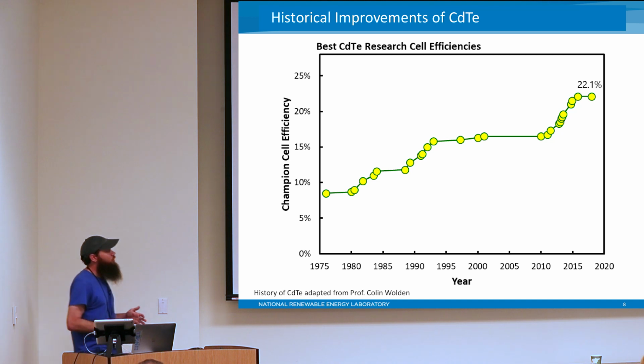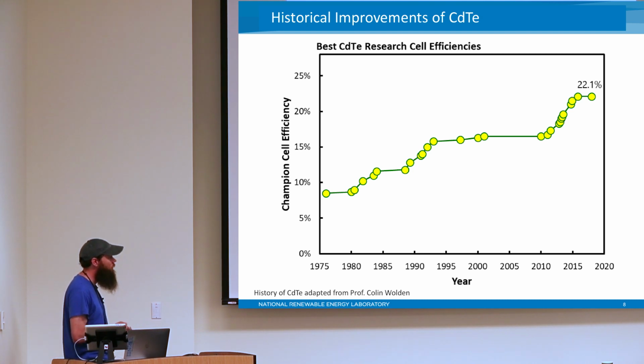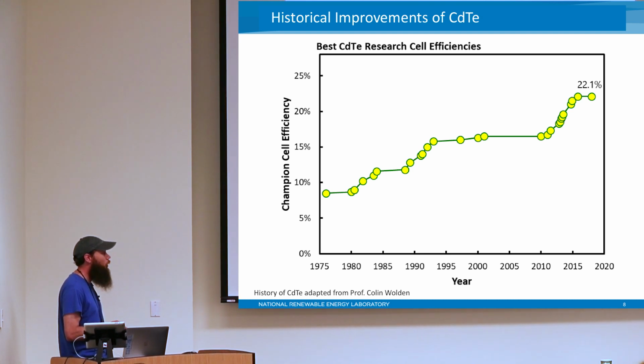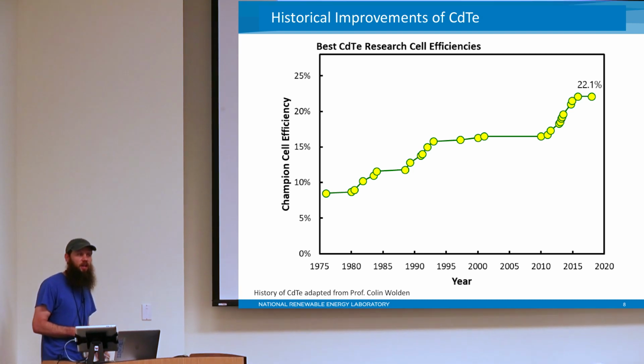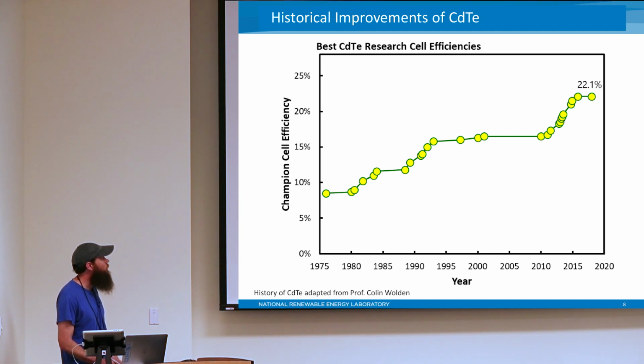Okay, so I'm going to now do about 10 slides or so on the history of CadTel, a lot of the innovations that have been made over the years, and I'm borrowing heavily from some slides that Colin Walden at the Colorado School of Mines shared with me.